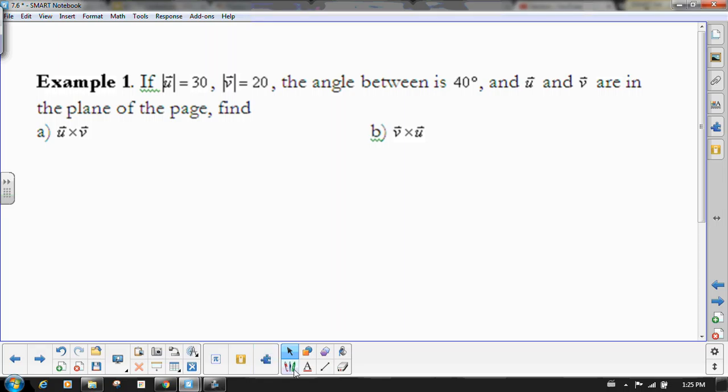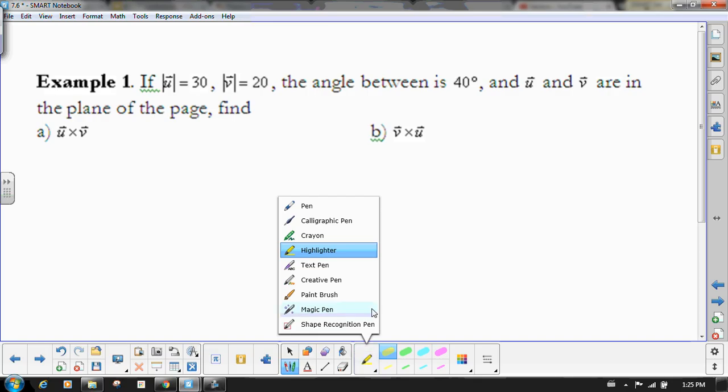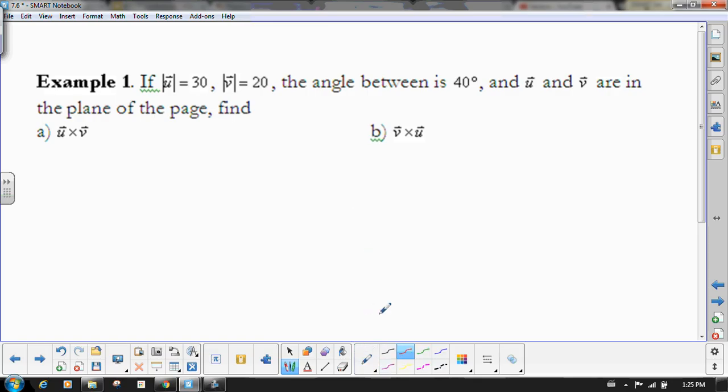So in order to do that, on the previous slide, it told us that our cross product is equal to the magnitude of u times the magnitude of v times sine theta n hat.